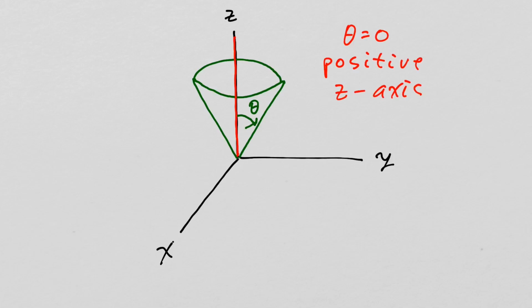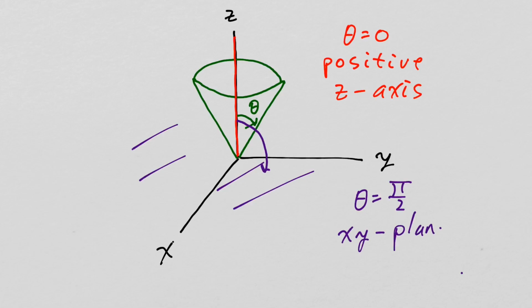If theta is equal to pi over 2, then this cone keeps widening until it's essentially flat and becomes the xy plane. So theta equals pi over 2 defines the xy plane.